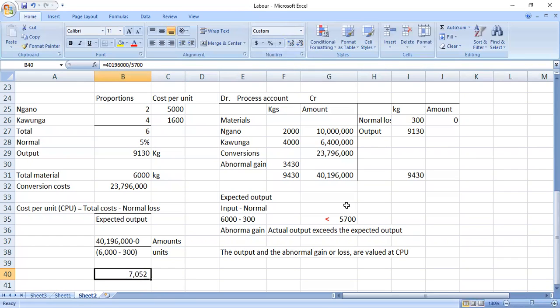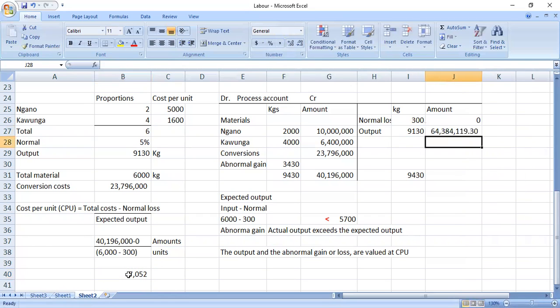So you divide and get the value. You come to your output and you say my kgs were 9,130 times the CPU, which is 7,052. Okay, that's what you get.